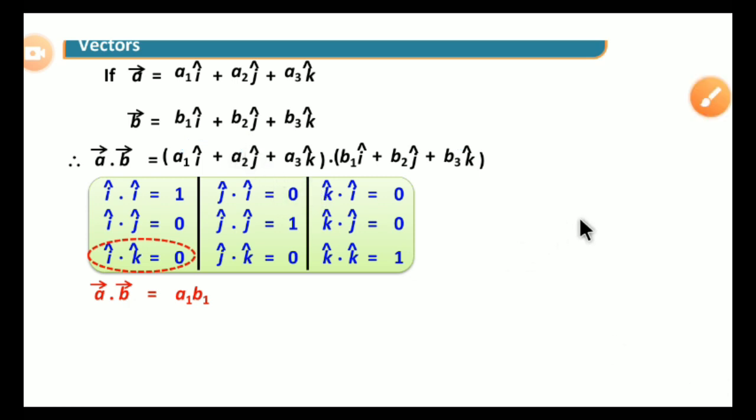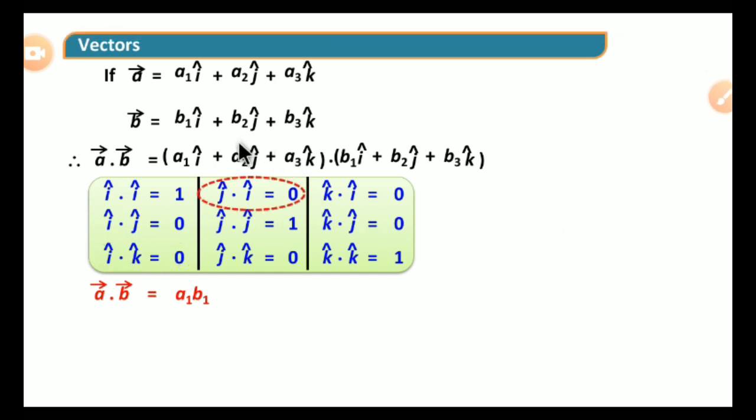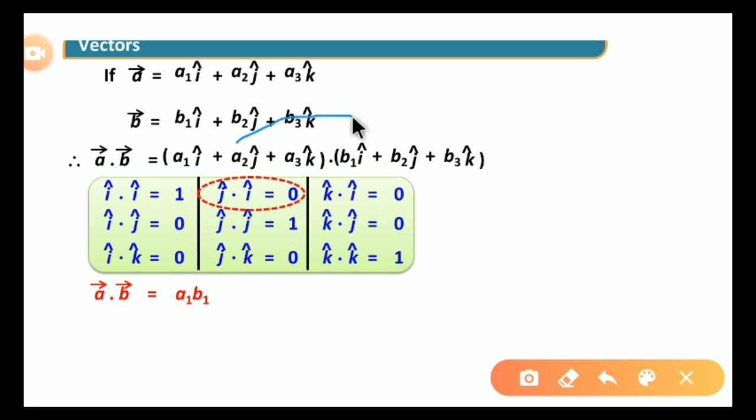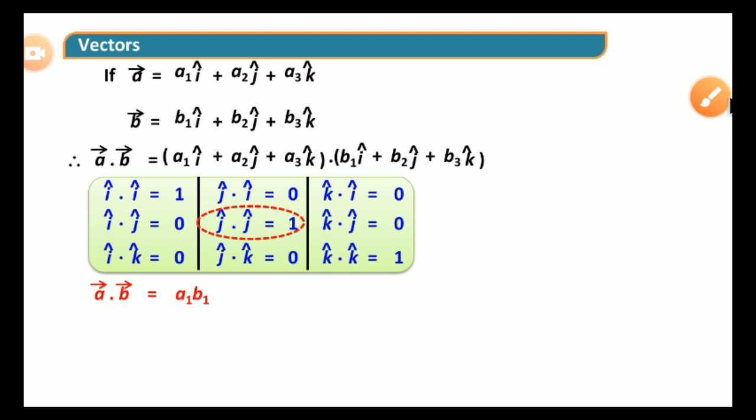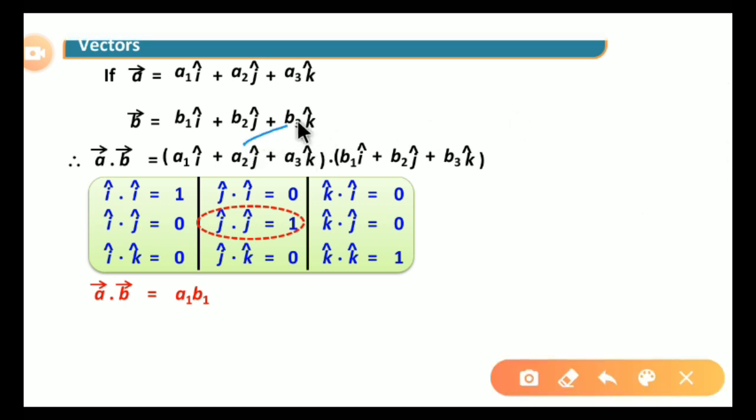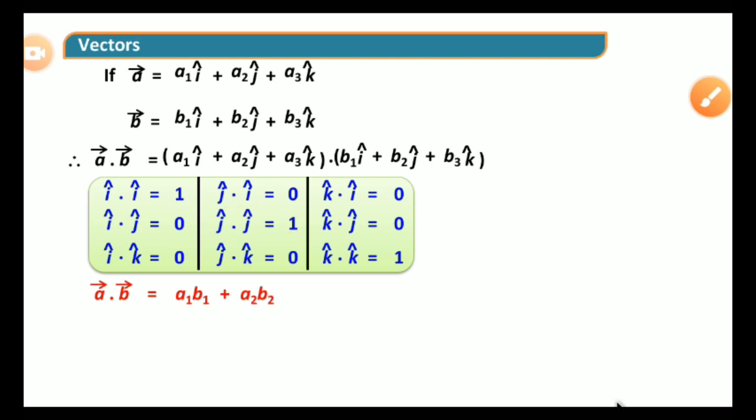Now we go for the next one, a2 into b1. j dot i is also 0, so we do not take that term. Next, a2 into b2. j dot j is equal to 1, so we take this term as plus a2 b2.